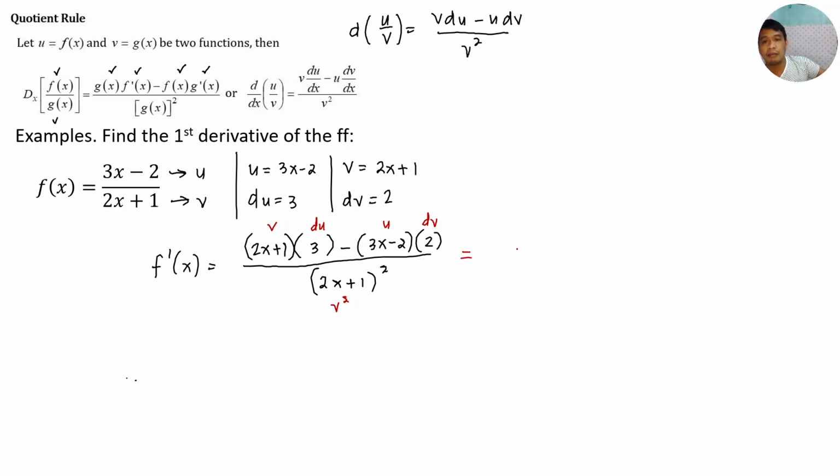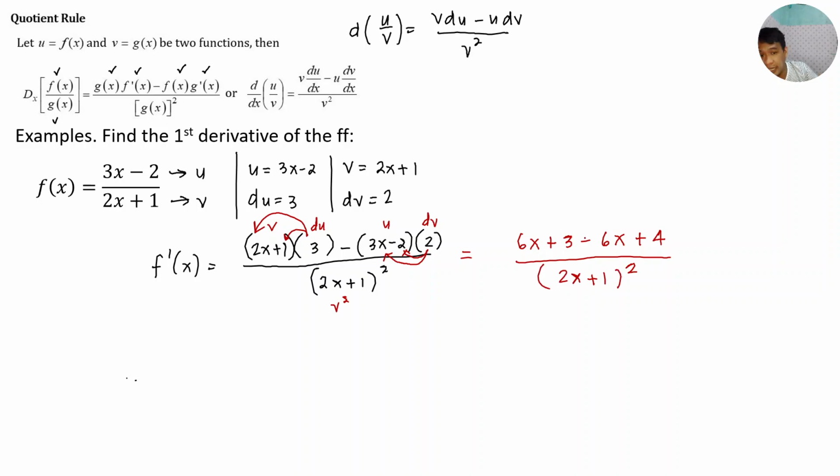Simplifying, magkakaroon tayo ng 6x plus 3. We distribute this 3 in each of the terms inside, and then 2 in each of the terms inside, and preceded by a negative, of course. So that is negative 6x plus 4 all over 2x plus 1 to the second power.